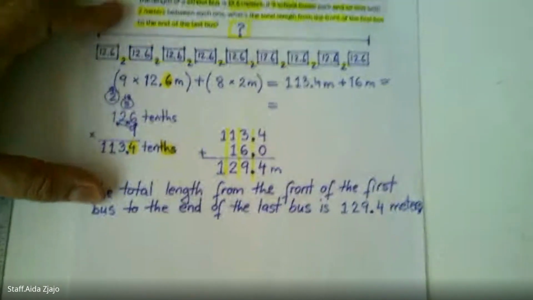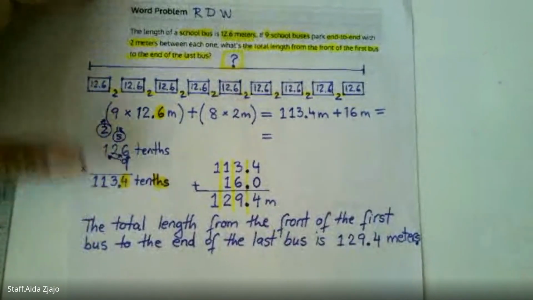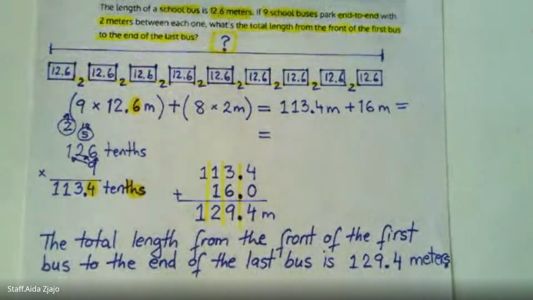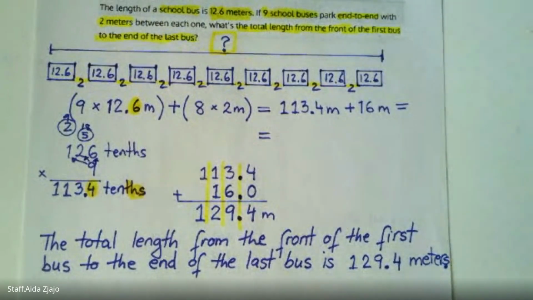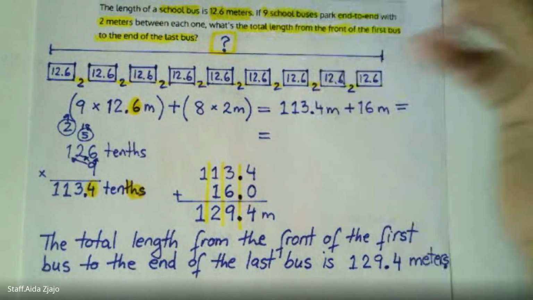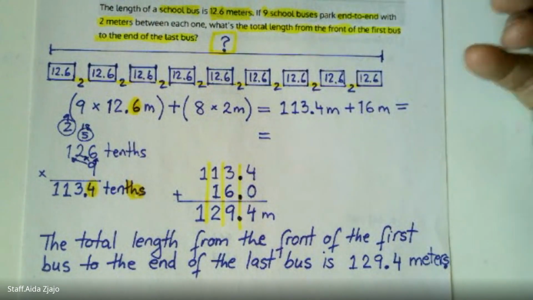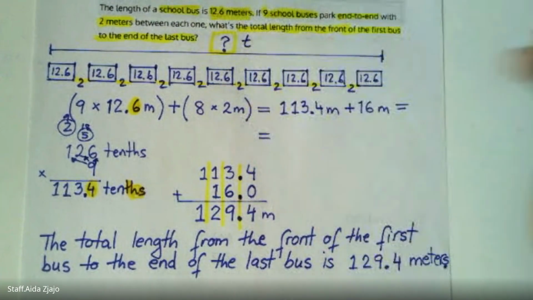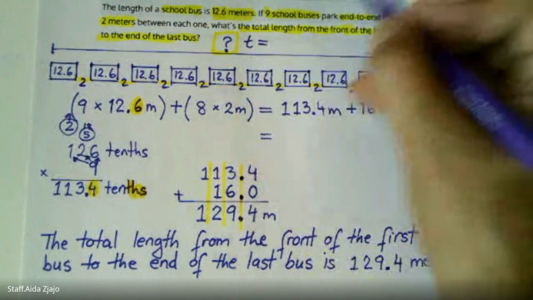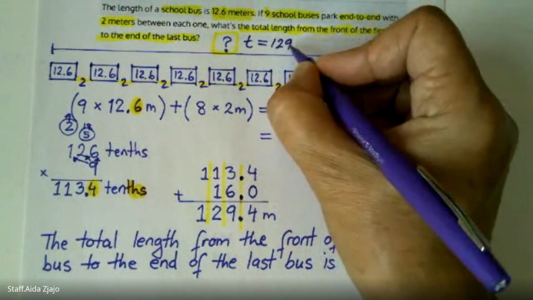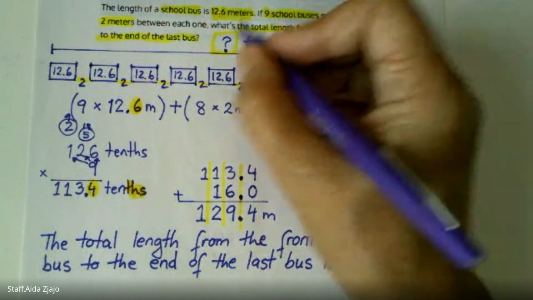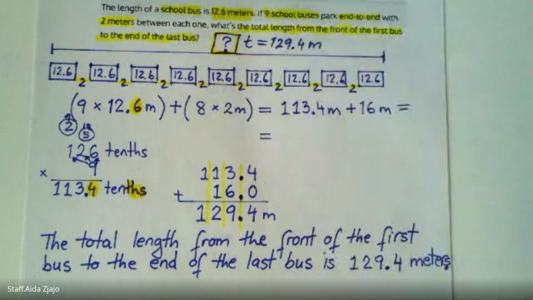I'm going to make it smaller so you can see. Okay, there you go. Sometimes the length, the total as a question mark, could also be T as unknown. T equals 129.4 meters. And that was our unknown.